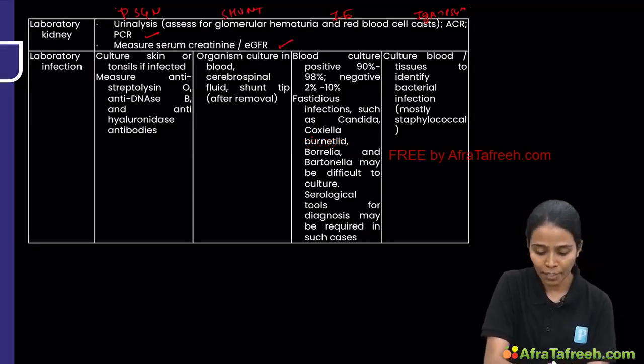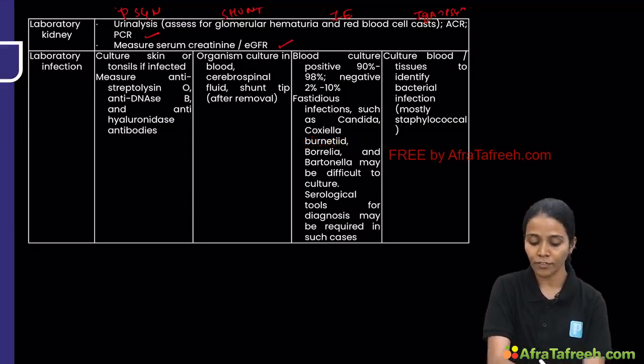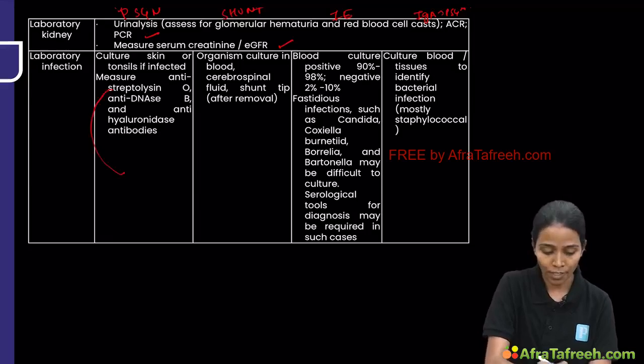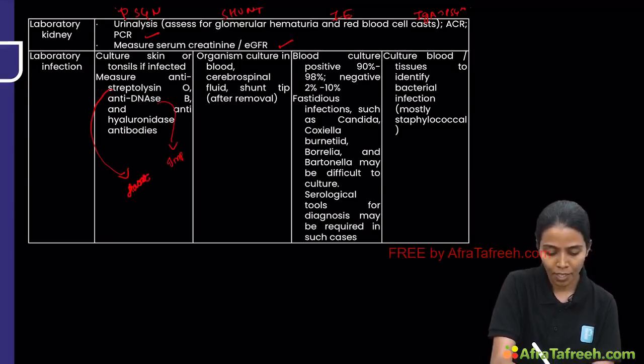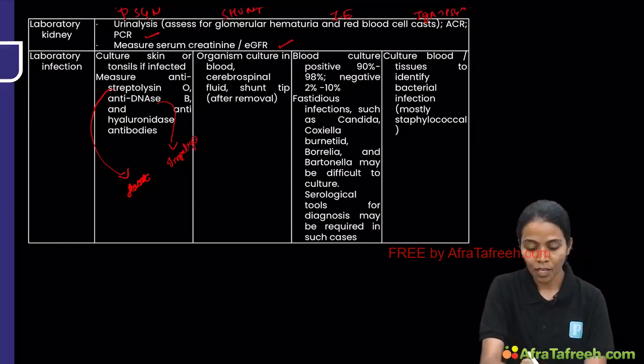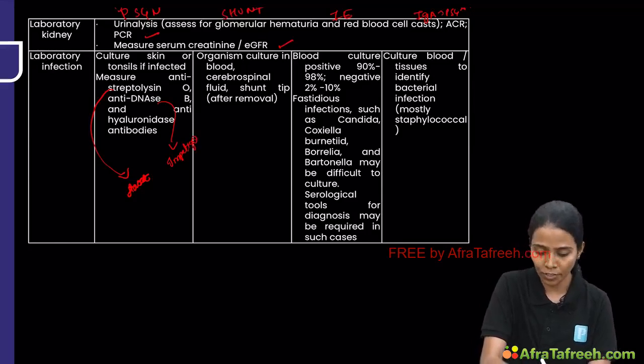So, here in PSGN, you culture skin or tonsil if infected, or you measure the ASO, which is common if there is throat infection, or you measure anti-DNase B, which is common in impetigo, right? Next is shunt. Okay. So here in shunt nephritis, you see the organism and you culture it in blood.